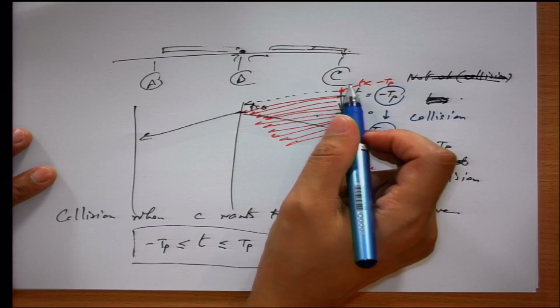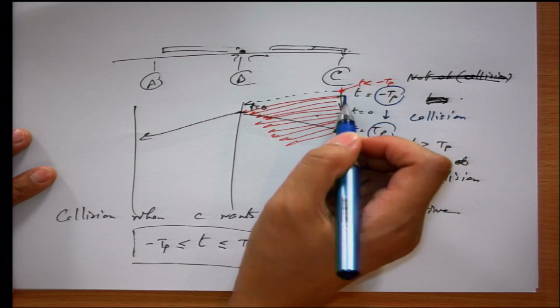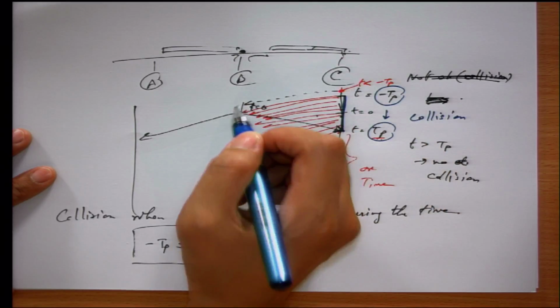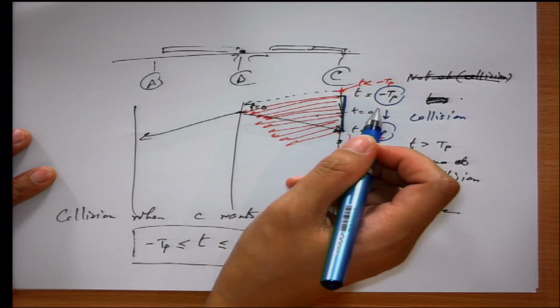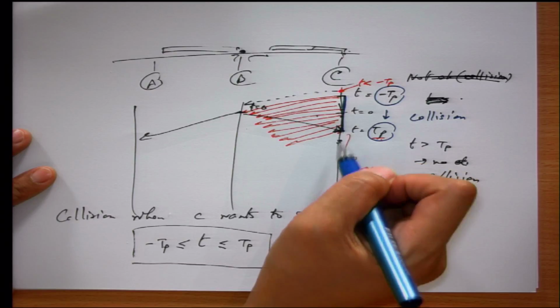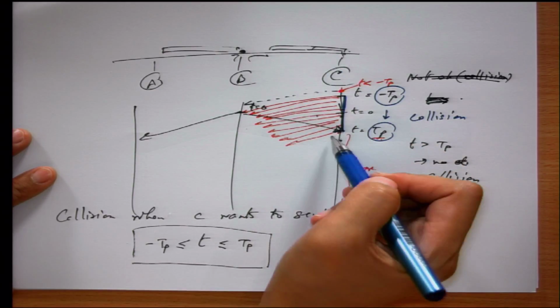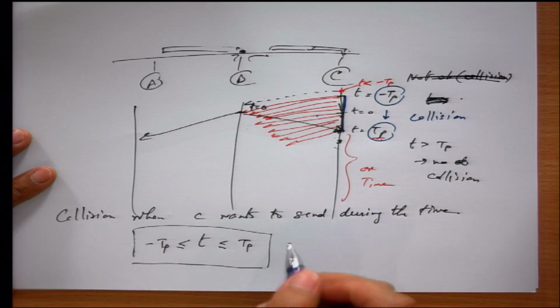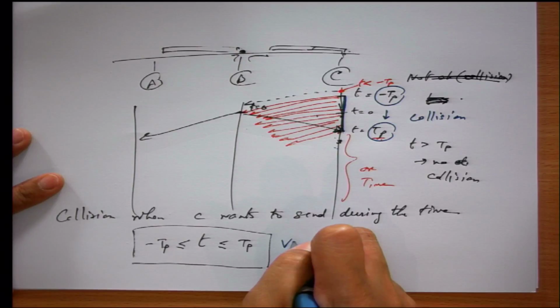If C sends before or after this, there will not be a collision, because if C sends before minus t sub p, B will not send, because it will see the frame from C before it transmits. And if C wants to send after t sub p, then C will hear the signal from B and will not send. So this is the time that we call the vulnerable period.